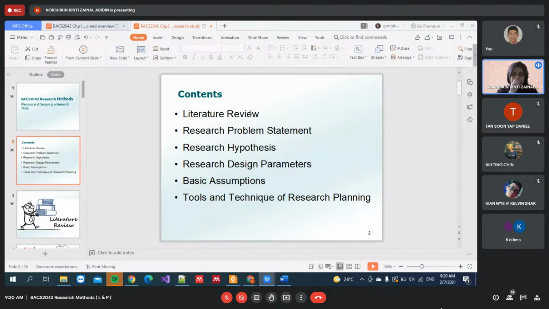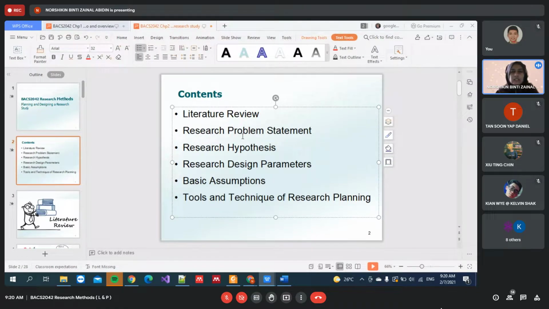Literature review is like a study from previous papers, and then you conclude and write it in your paper. And then research problem, how to write a good research problem or problem statement, and hypothesis. Hypothesis is something that you want to justify or test for your research. And then the parameter.